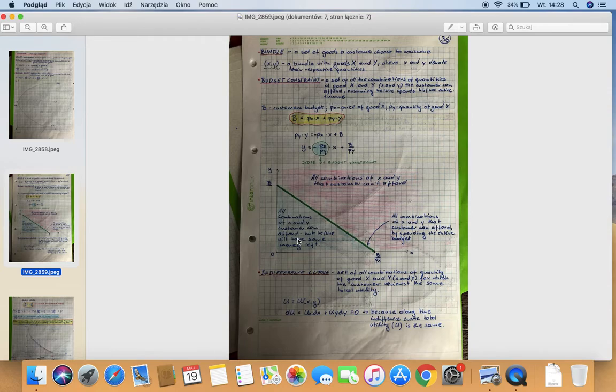It would be indifferent to you if you got 2 boxes of French fries and 1 hamburger, or 2 hamburgers and 1 box of French fries. It would also be indifferent if you got 3 boxes of French fries or 1 hamburger and 2 boxes of French fries. In this case, all those combinations are indifferent to you.